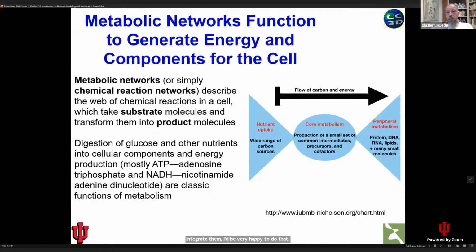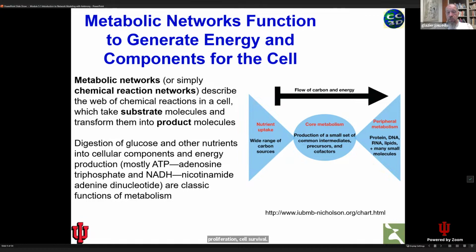Fundamentally, metabolic processes in the cell create components, both for building the cell, the structural components of the cell, and also for the energy budget of the cell, in particular ATP and NADH, which are the two classic energy currencies of the cell. They're highly involved with cell cycle, with cell proliferation, cell survival.